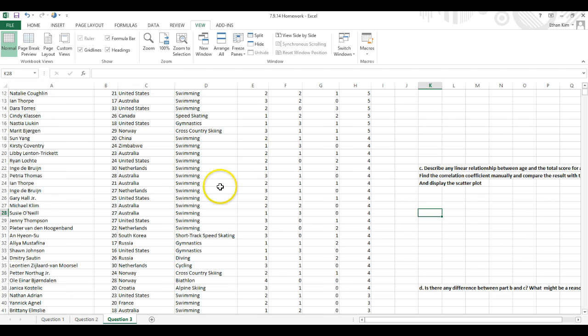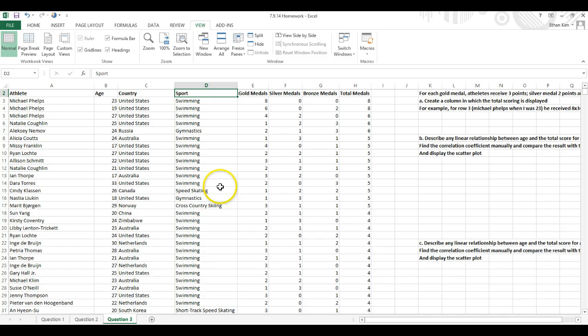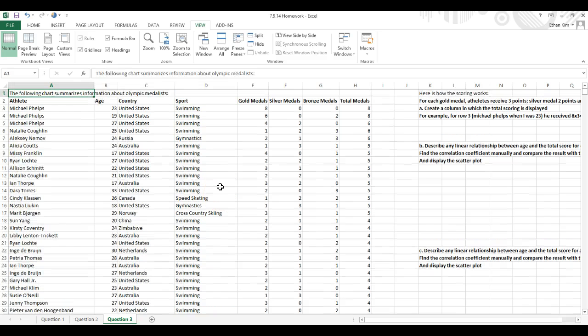And this is the biggest file, and this is pretty interesting. So these are the athletes who have won any medal in the Olympics. Okay, and we have the athlete name, so Michael Phelps, and we have age, country, sport, and then we have gold medals, silver and bronze medals, and the number of total medals.